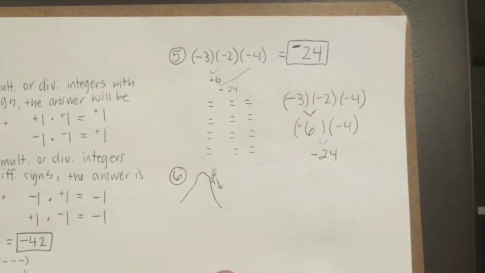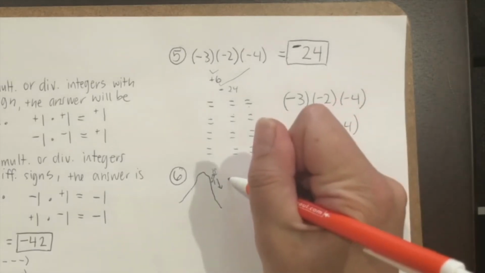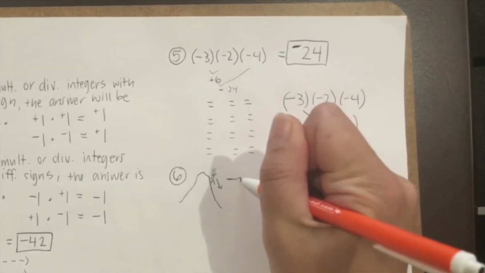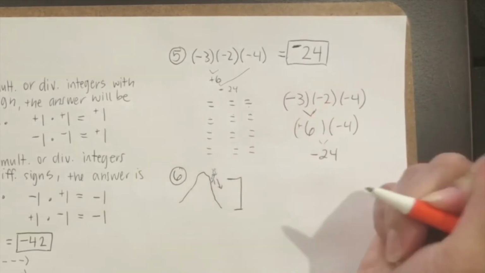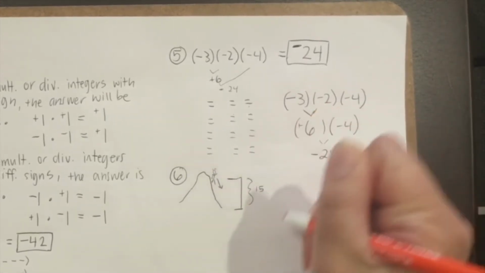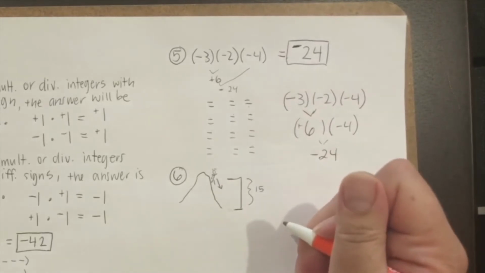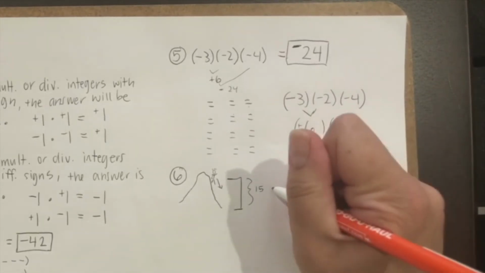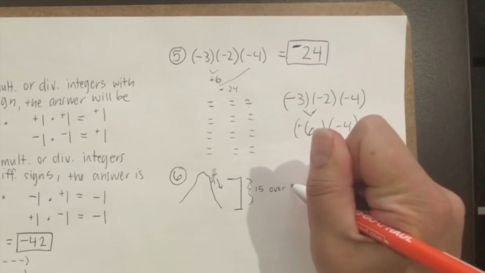Okay, Devin noticed that the elevation dropped at the same rate for 5 minutes. Altogether, it dropped 15. So he's starting here and he's working his way down to here. And this was a total of 15 feet over the course of 5 minutes.